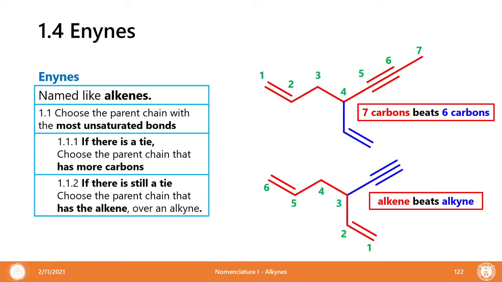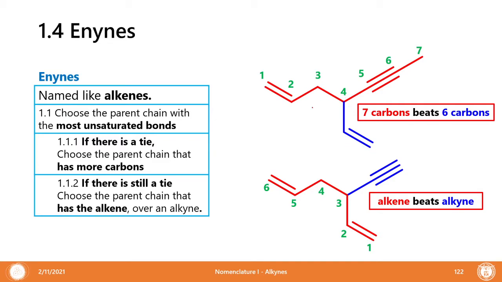Now here are other tie cases, this time with regards to choosing the parent chain. When choosing the parent chain, if there is a tie between 2 directions, here's the red direction and here's another direction with blue. If there is a tie, choose the parent chain that has more carbons. You can see that this direction is longer than if it was formed this way.